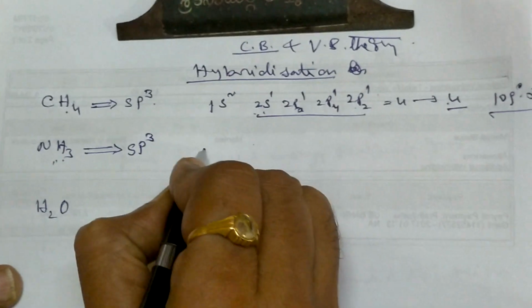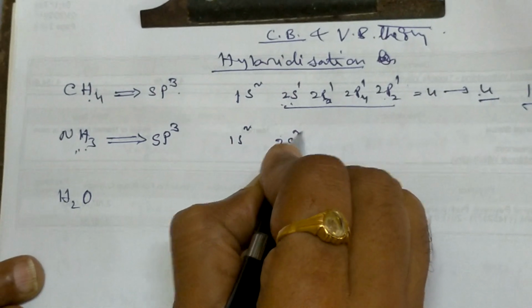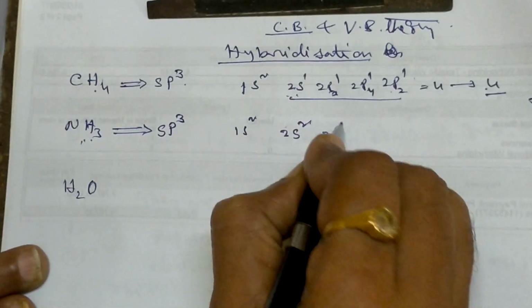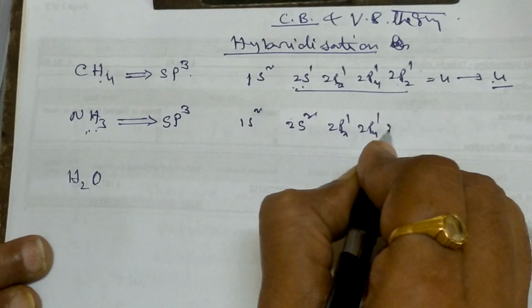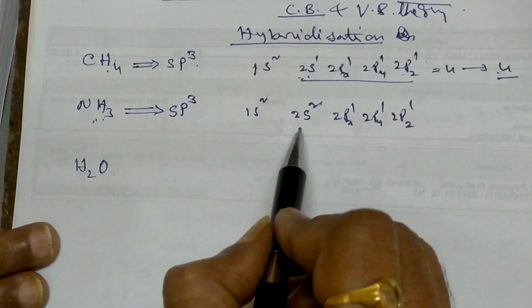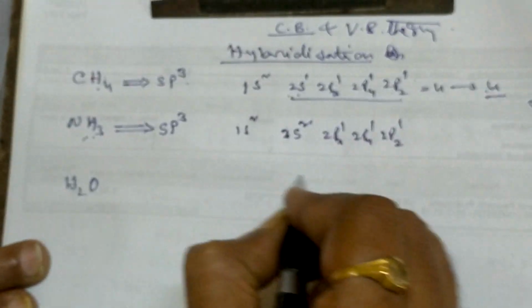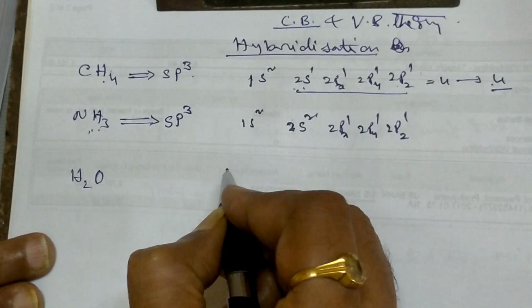Here also 1s2, remember, 2s2, 2px1, 2py1, 2pz1. But here one s orbital and three p orbitals, 4 orbitals are hybridizing.